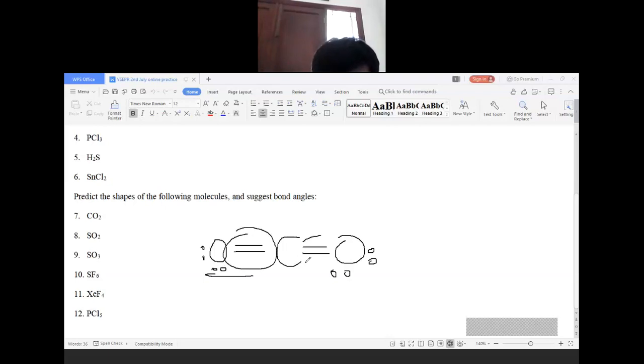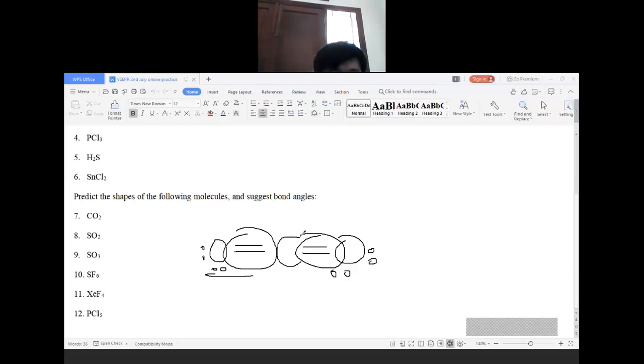And we know a double bond is because of overlapping of s and p orbitals of the same atoms. So as if they have 2 bond pairs with 0 lone pair. So in order to tell the shape and bond angle, we are not able to tell directly from how many bond pairs, 4, and how many lone pairs, 0, that it must be tetrahedral.